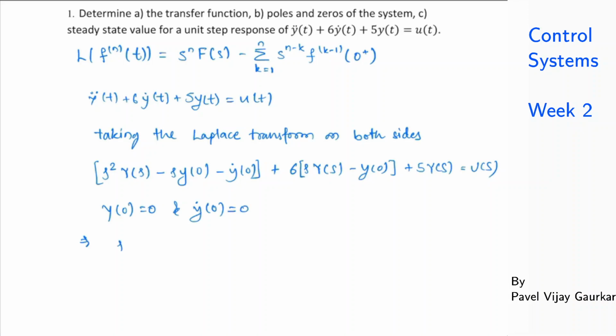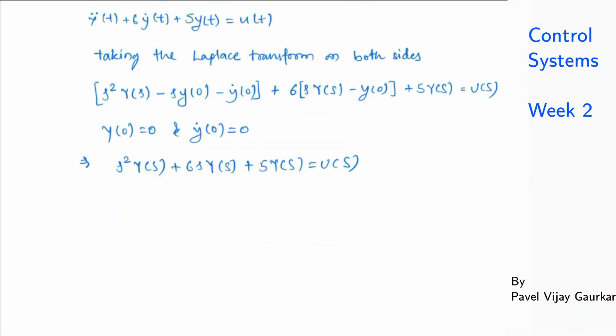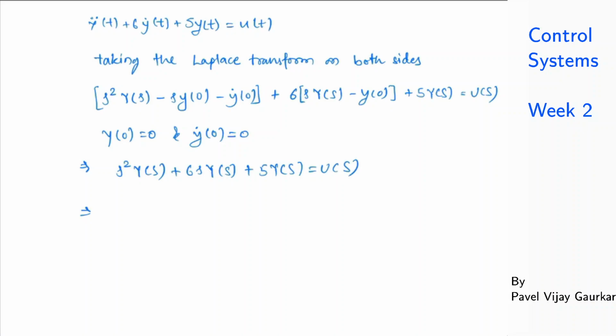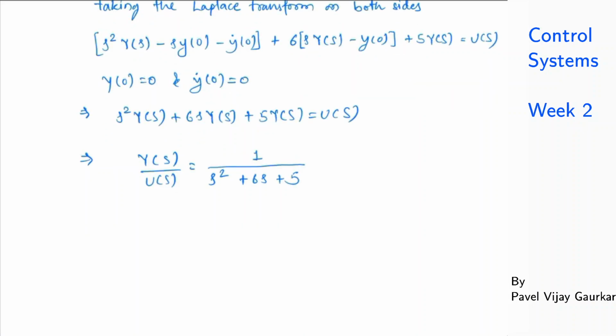So the above expression becomes (s squared plus 6s plus 5) Y(s) equals U(s). Taking Y(s) common and bringing U(s) to the denominator, we get the transfer function Y(s) by U(s) as 1 over s squared plus 6s plus 5. So this is our answer A.